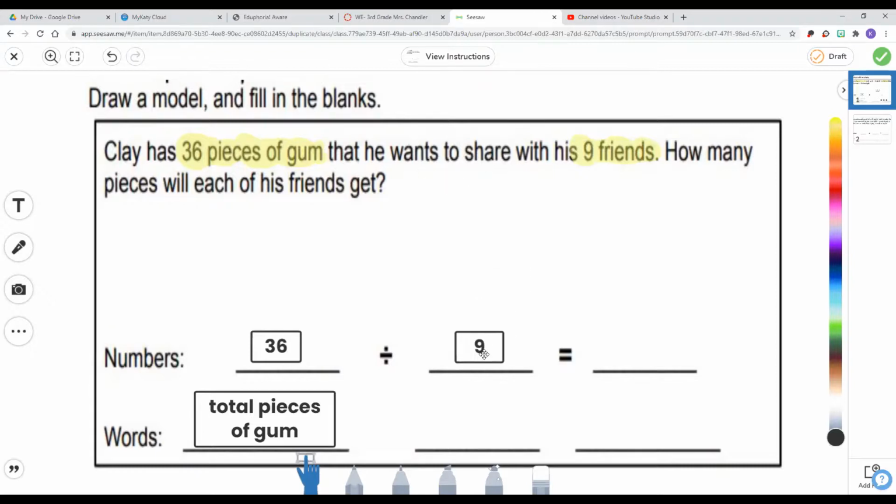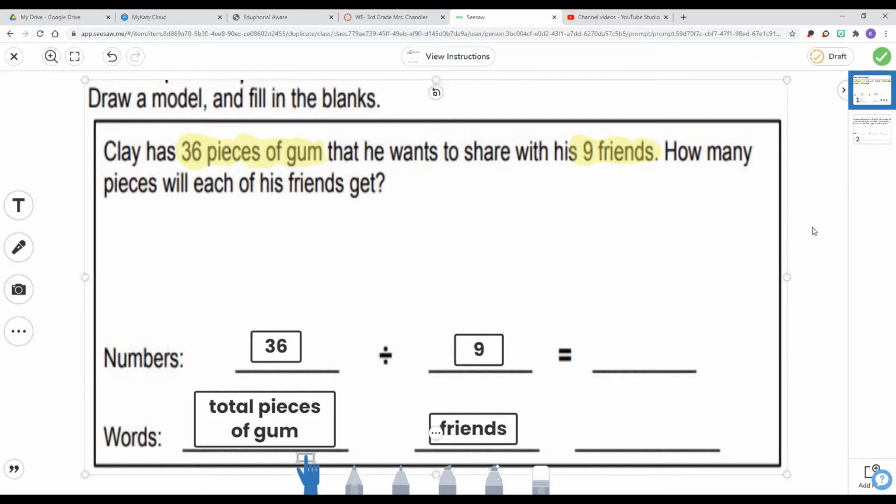Okay, well, for my words, what does the 9 represent? Those are his, Katya? Friends. All right. So, y'all got this?